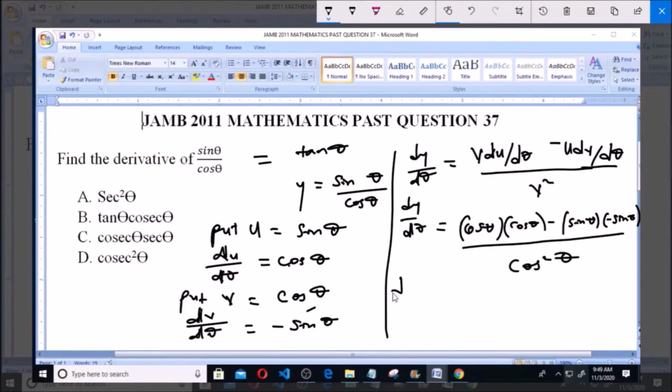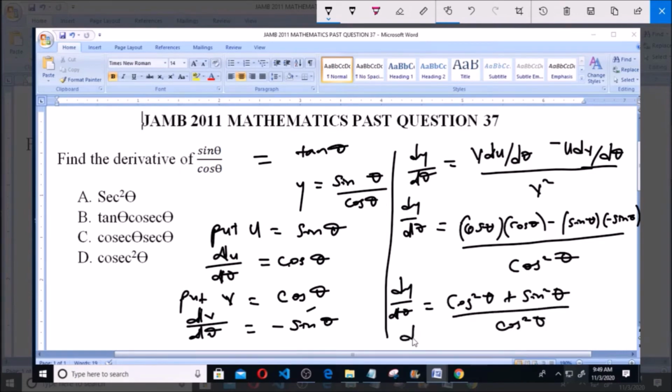Now from this you can say that dy/dθ is equal to cos θ multiplied by cos θ, which gives cos squared θ, then minus sin θ multiplied by minus sin θ will be plus sin squared θ, all over cos squared θ.